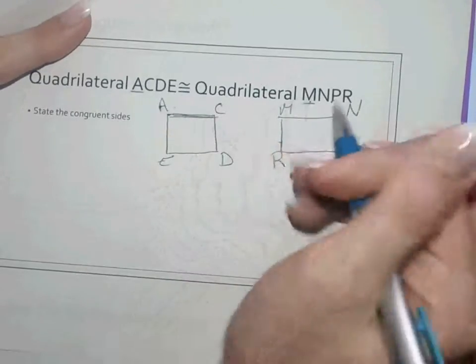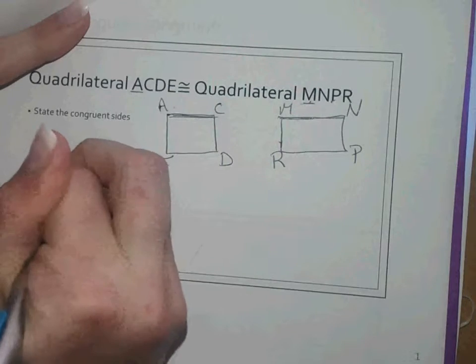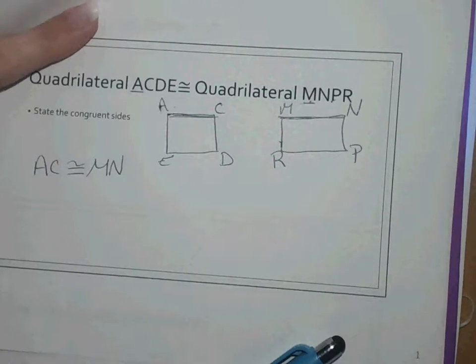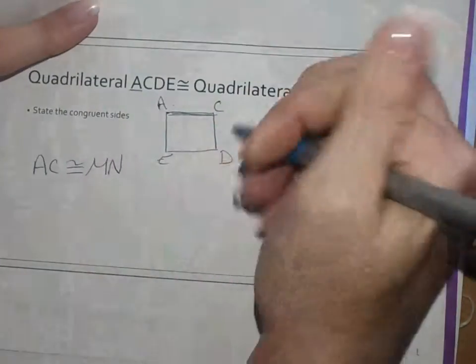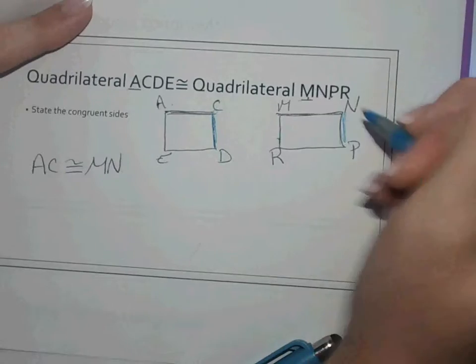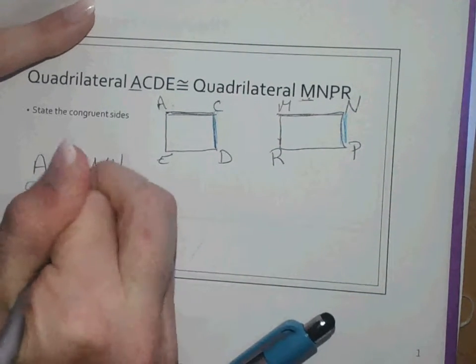So I'll start here. AC is congruent to MN. Then I'm going to do this one. CD is congruent to NP.